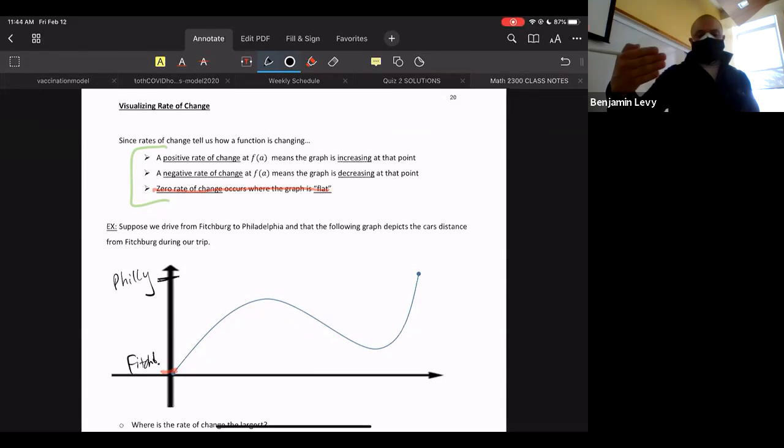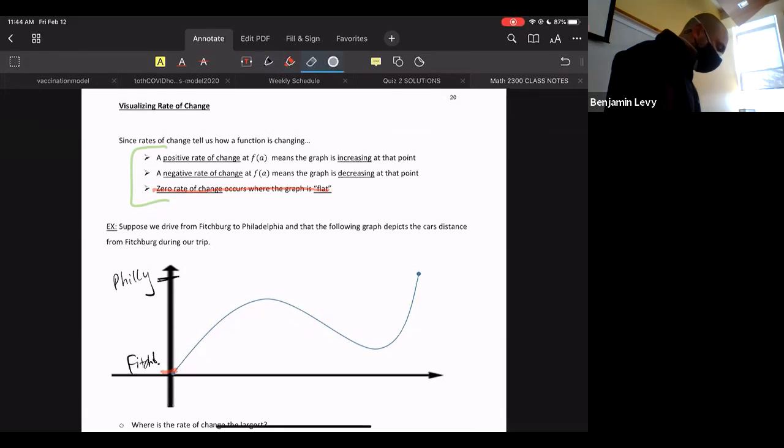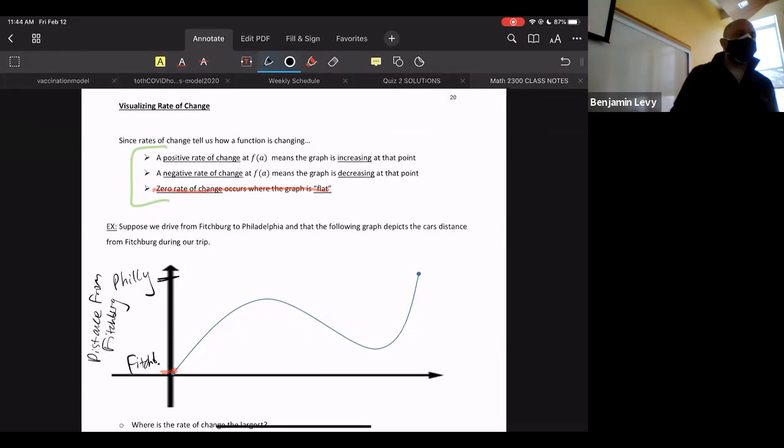The distance from Fitchburg is the y-axis. So we started going towards Philadelphia.